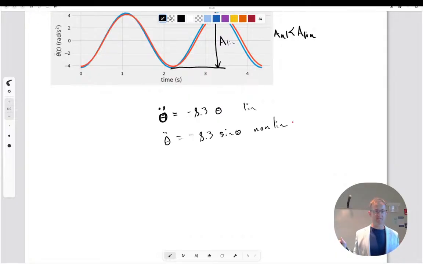What's the most acceleration that we could have? At 90? And how much would that be? 8.3, yeah. I mean, it could be positive or negative, but somehow 8.3, like we're fixed. That's as big as it gets. What about for linear? What's max acceleration we can have?